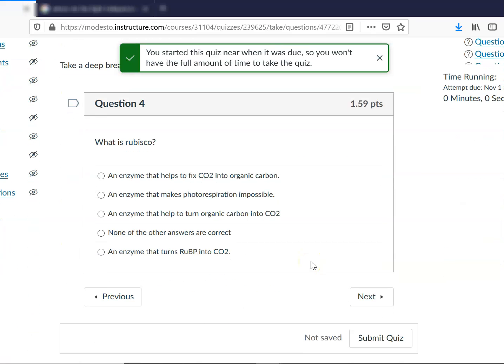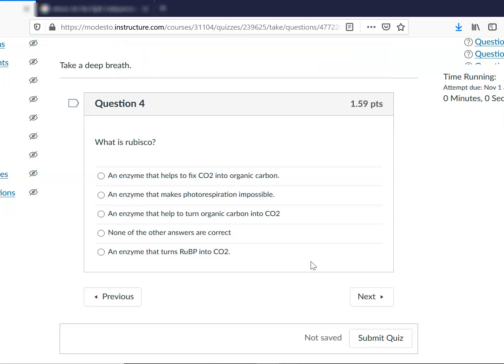So in the lecture, I talked a bit about Rubisco being not super great at its job and accidentally undergoing photorespiration. But Rubisco is an enzyme that helps fix CO2 into organic carbon. It's one of the most miraculous enzymes around, but it still kind of sucks at what it does.